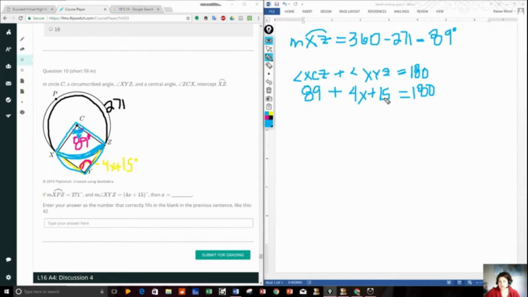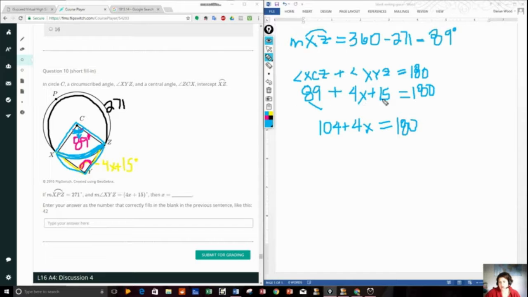So what's 89 plus 15? Well, 89 plus 10 is 99, and 99 plus 5 more is going to be 104, plus 4x. That one didn't have a like term, and that equals 180.